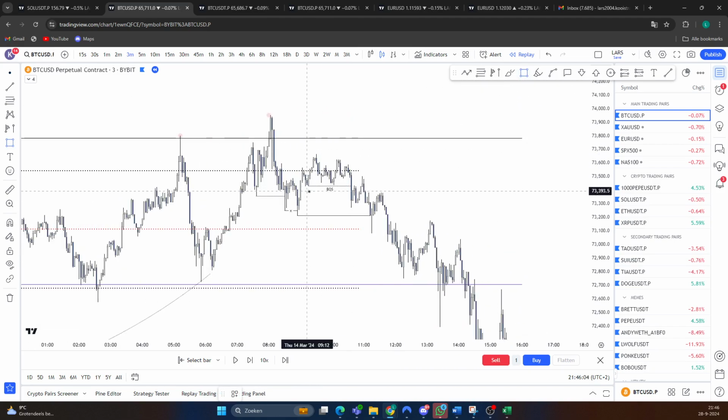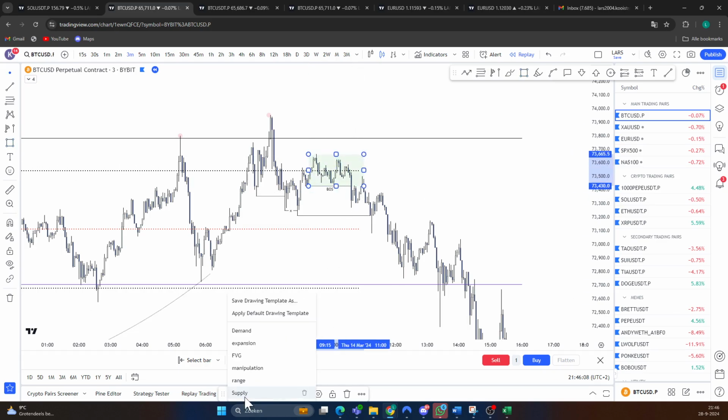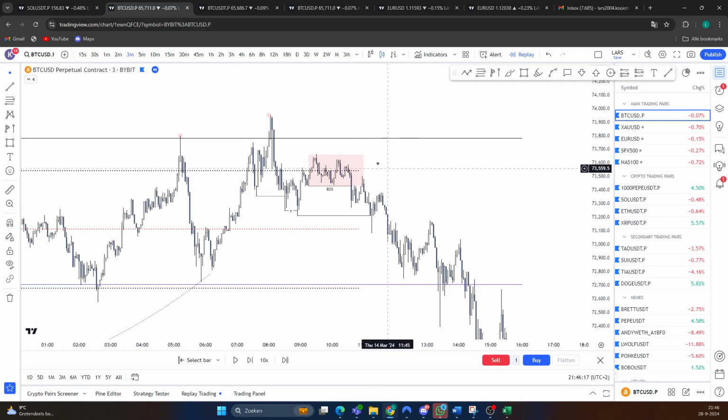And on the break, we created structure supply with an inefficiency because we had such an aggressive break, indicating that price is really ready to move down because we left an imbalance. So we got not particularly a supply chain, but it is supply creation on the break.